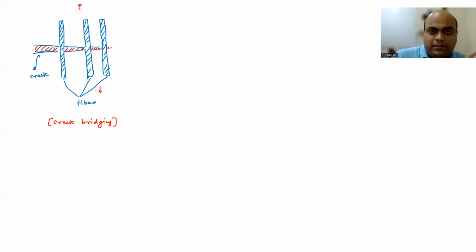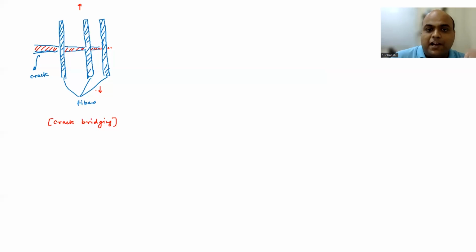Now these fibers which are bridging the crack, they are also going to take some load, isn't it? Some of the stress trajectory or line of forces are going to pass through these fibers also, right? So the number of these stress trajectories in front of the crack tip will be much lower when you have crack bridging as compared to when you don't have crack bridging, right? Or fibers have say fractured.